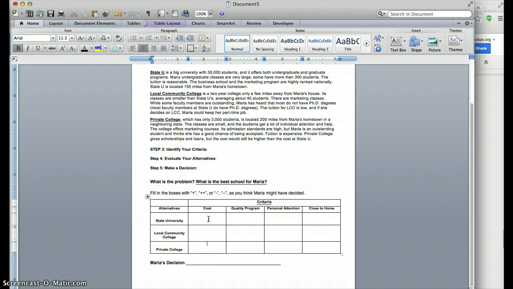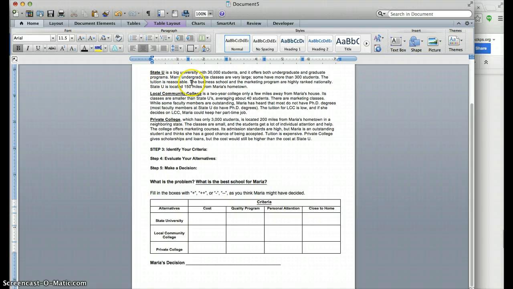Okay, so first thing, like what I said, we will look at cost. That's our criteria, and we will evaluate the three alternatives, which are state U, local community college, and private college. So let's look at State U first. Based on the information, I'll read the information.